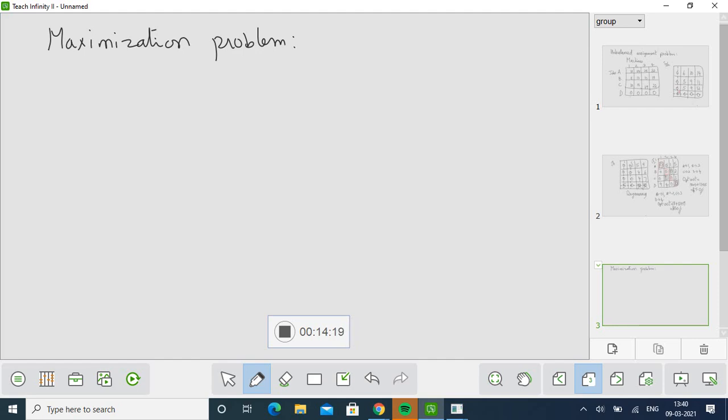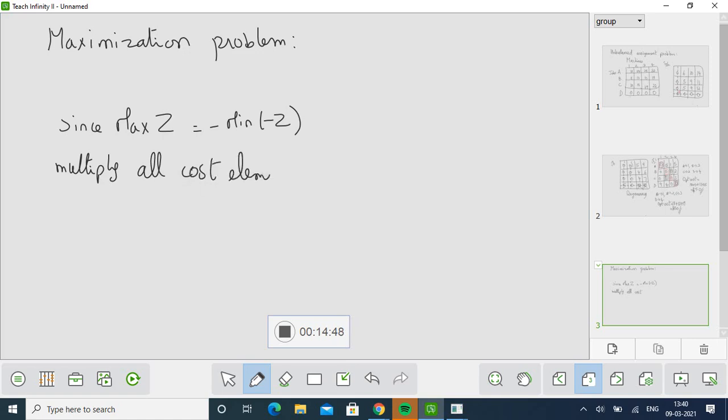Number 1: since maximize z equals minus minimum of minus z, multiply all the cost elements Cij by minus 1. This is one way of doing it, but we normally don't follow it.